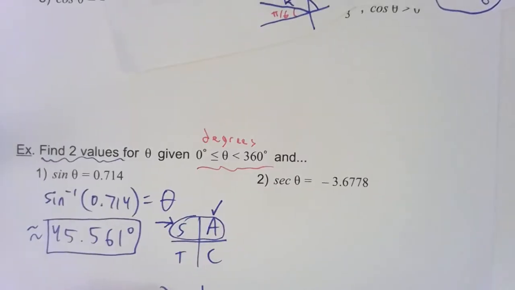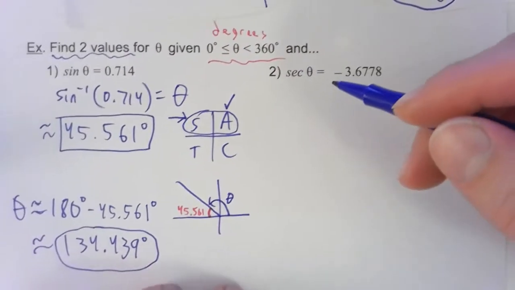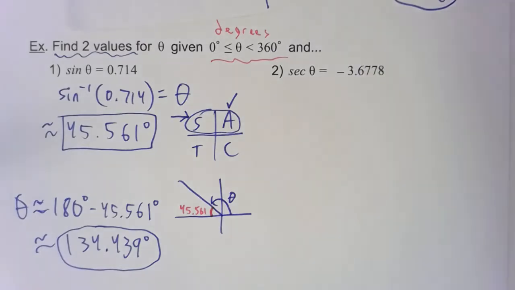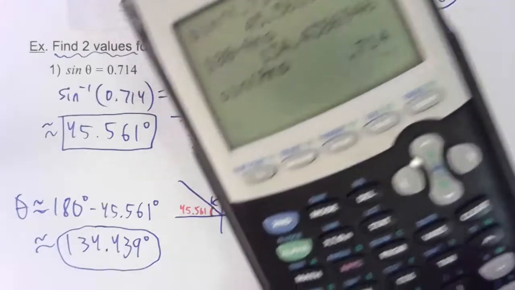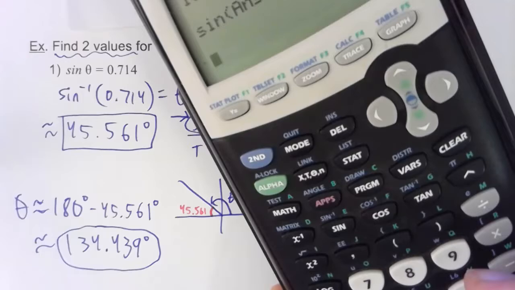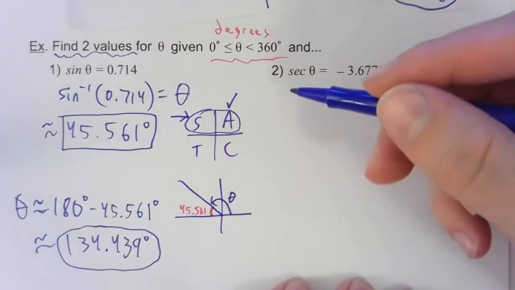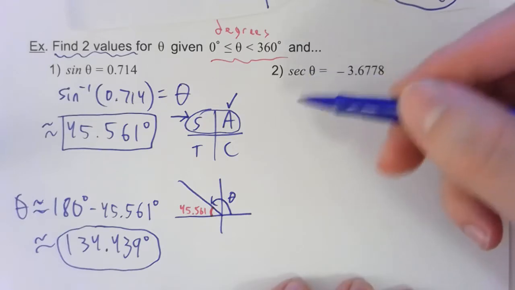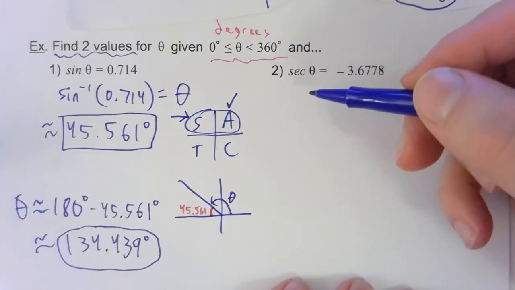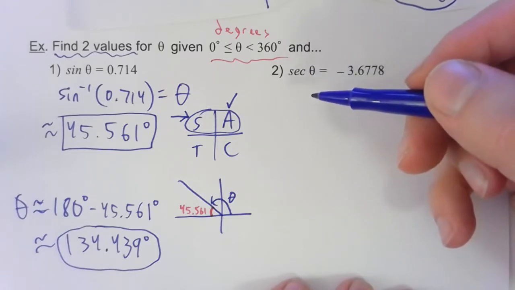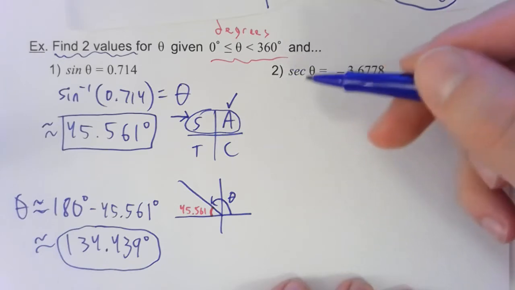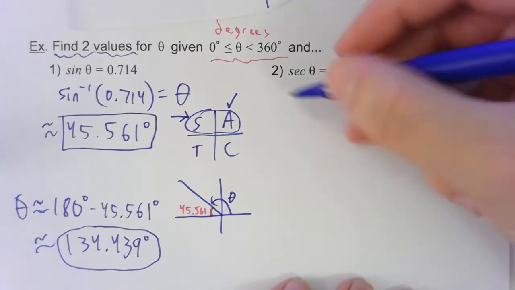All right, how about this one here? Secant. Well, remember, there's no inverse secant button in our calculator. We've got to just work with sine, cosine, and tangent. Sometimes people will write 1 over cosine right here and try to deal with that. Usually, when people do that, they get confused. Don't change secant to 1 over.